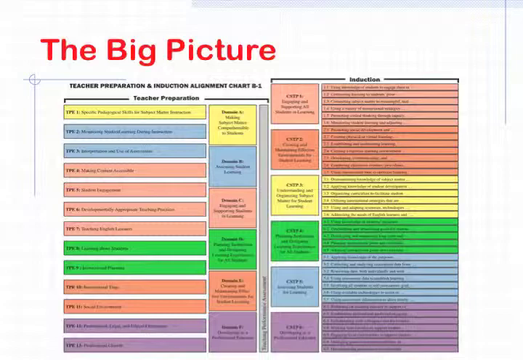That's why this is a particularly good graphic organizer: it's color coordinated, and it helps students, no matter what setting they're in, understand how they are moving through Beginning Teacher Support and Assessment, also known as BTSA. It also helps them anticipate how they move through the various steps of induction.